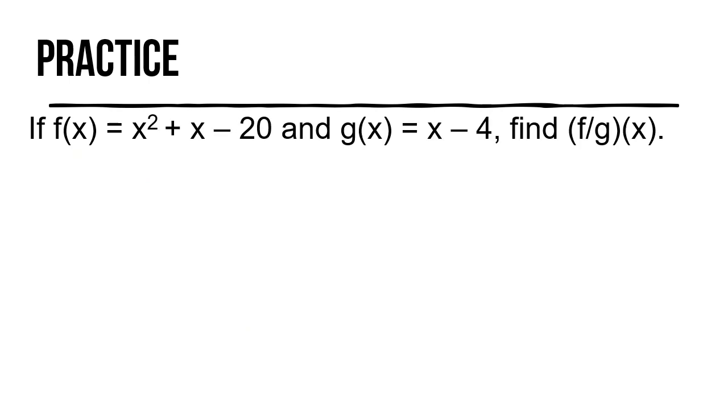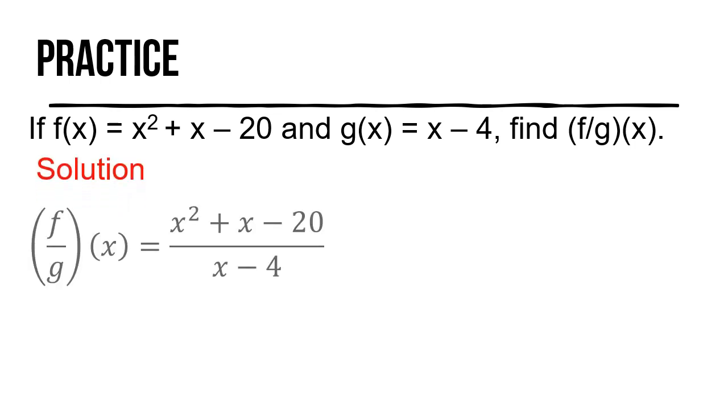Let's have another one. If f of x is equal to x squared plus x minus 20 and g of x equals x minus 4, find f over g of x. Okay, for the solution, f over g of x equals x squared plus x minus 20 all over x minus 4.